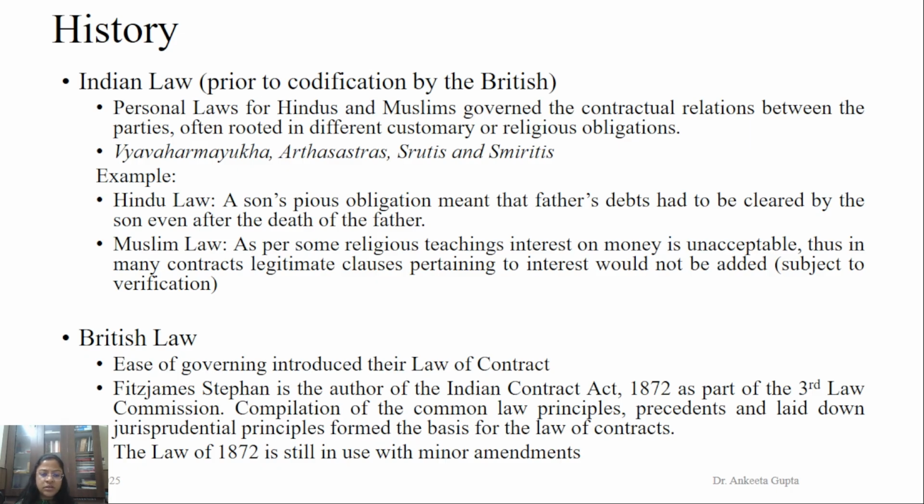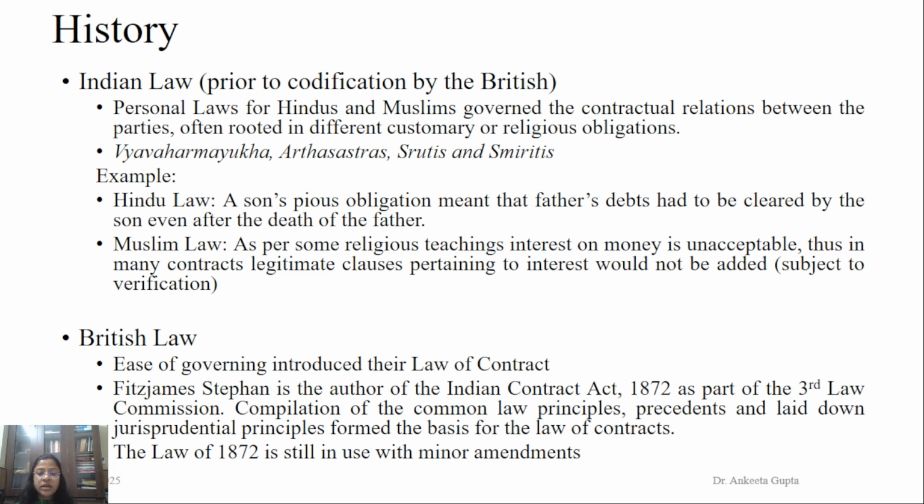And therefore, in the Third Law Commission, it was felt that the time is right to introduce a codified law of contract, which essentially was the compilation of various common law principles, precedents, and the jurisprudential principles that had been formed over the years, which form the basis of the law of contracts. Now, the statute was essentially drafted by Sir Fitz James Stephen, and the Indian Contract Act was enacted in the year 1872.